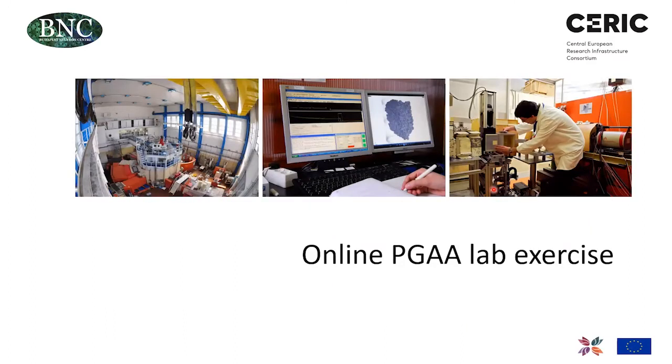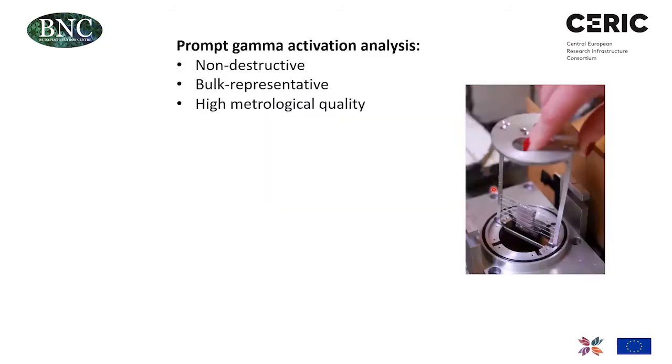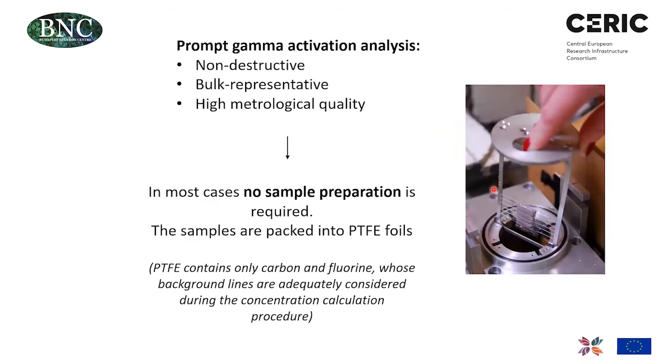So from here, I would like to present you a series of videos where we illustrate the key steps of the measurement. If you have a powder sample like this, it can be a geological sample or material science sample, we simply wrap it into Teflon foils.